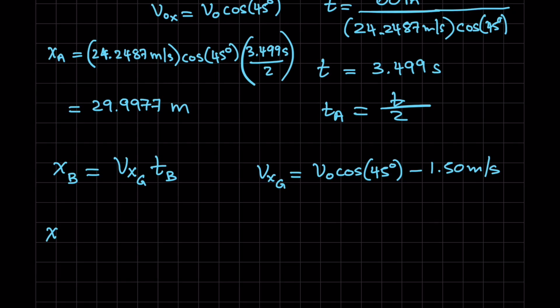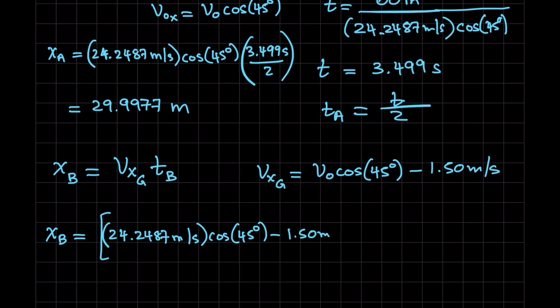Now let's put this into xb. xb is equal to the initial velocity, which was 24.2487 meters per second times cosine of 45 degrees, minus 1.50 meters per second, right? That's our modified horizontal velocity.